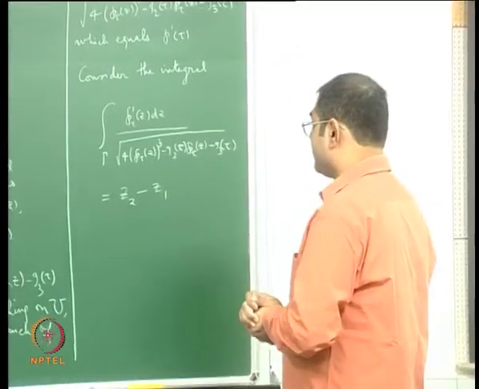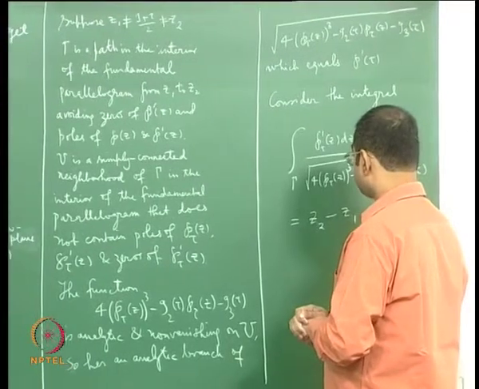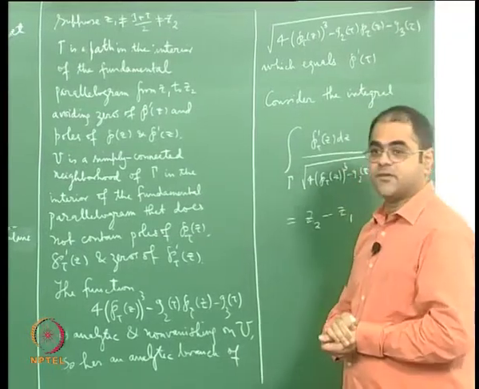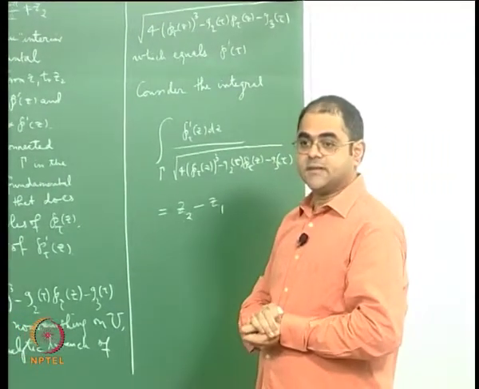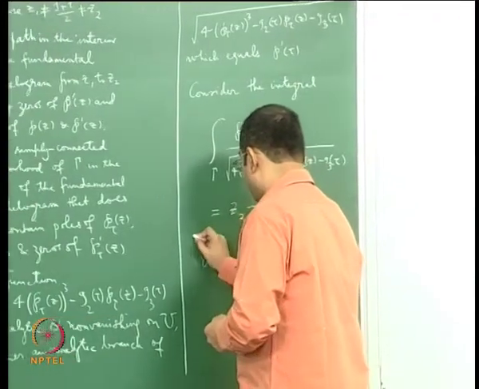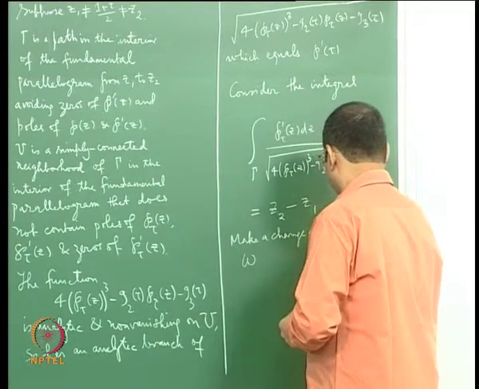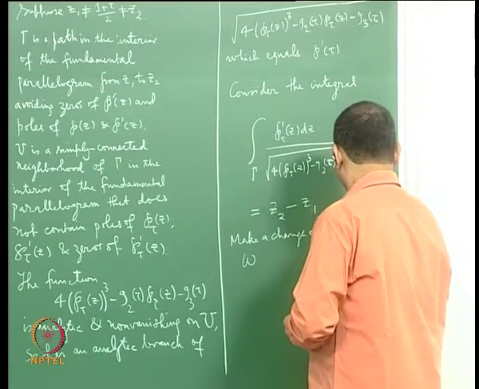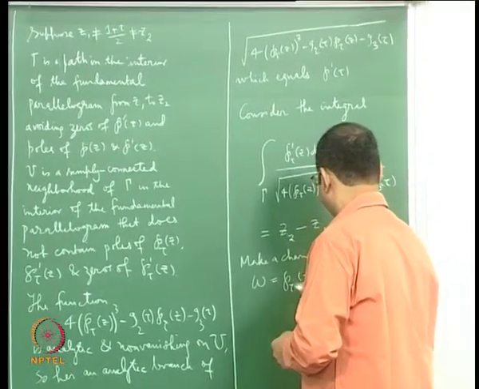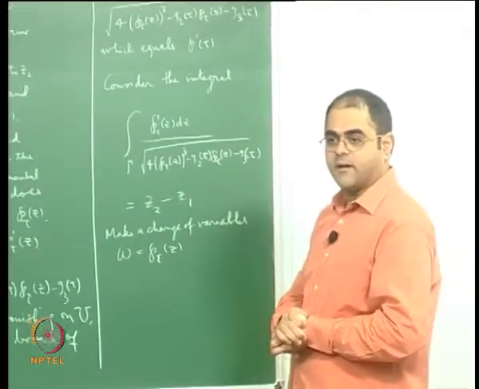But on the other hand, this integral is actually 0, because you make a change of variables by omega equal to phi tau of z, you change the variable of integration from z to omega.